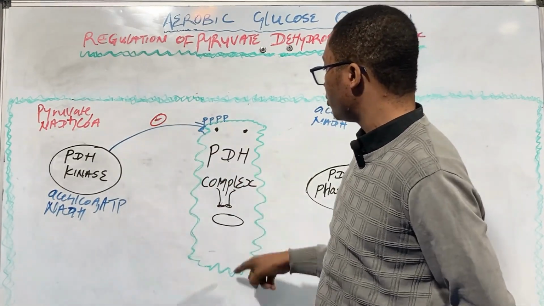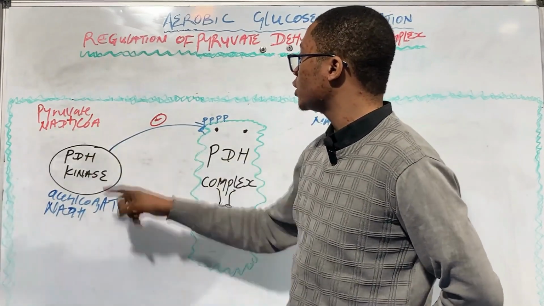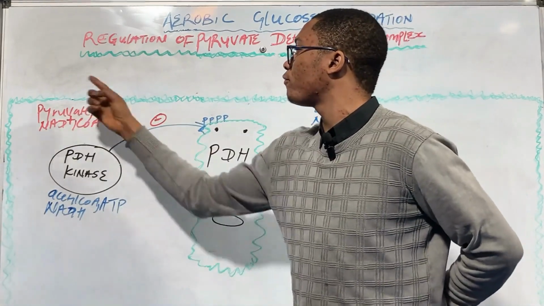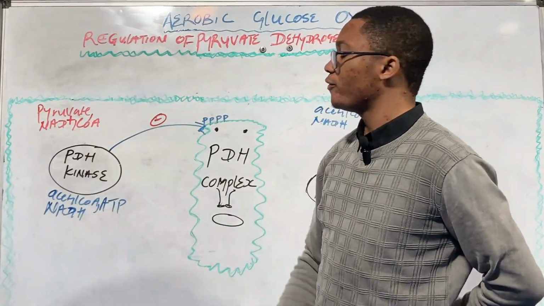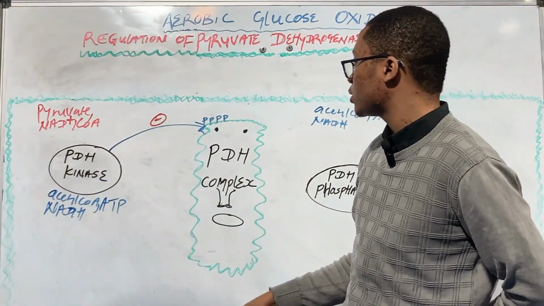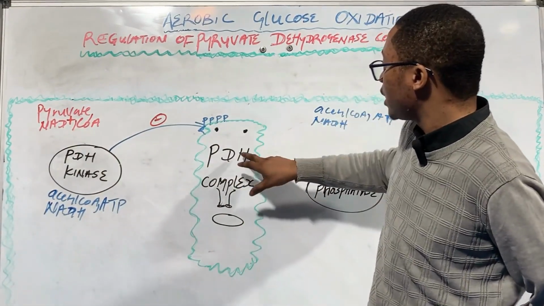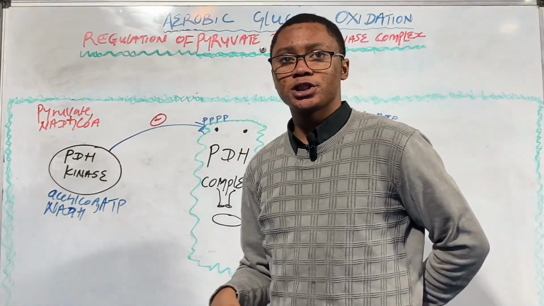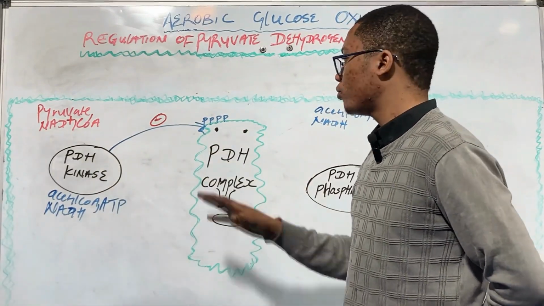But when there is a lot of pyruvate, NAD positive and CoA in the human body, they inhibit this kinase, preventing it from phosphorylating the complex, so the complex can carry out aerobic glucose oxidation. So this is how pyruvate dehydrogenase kinase is regulated.